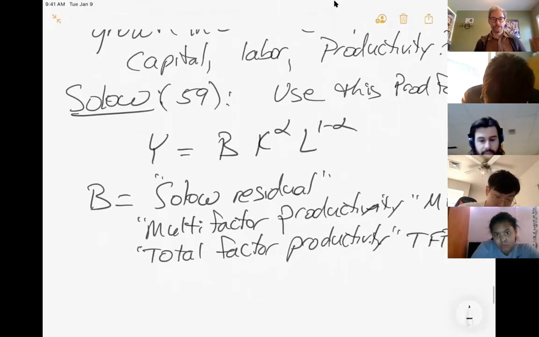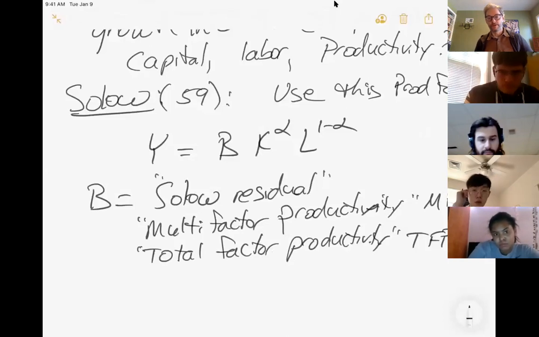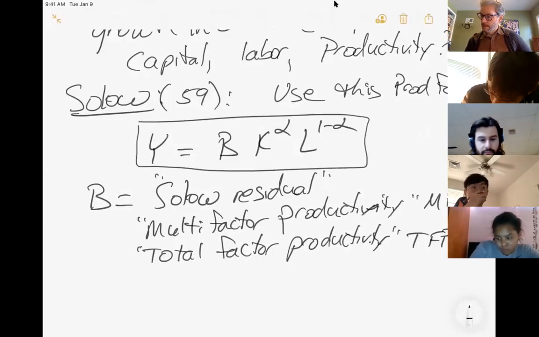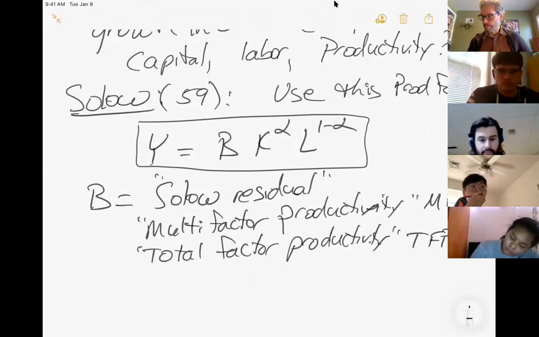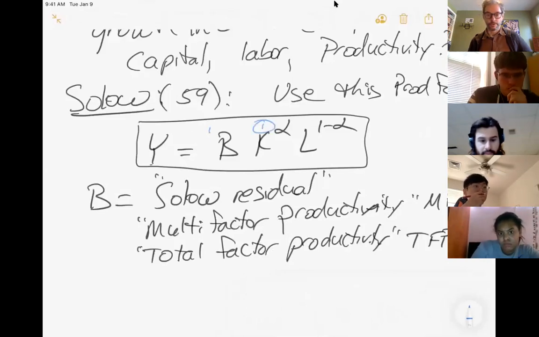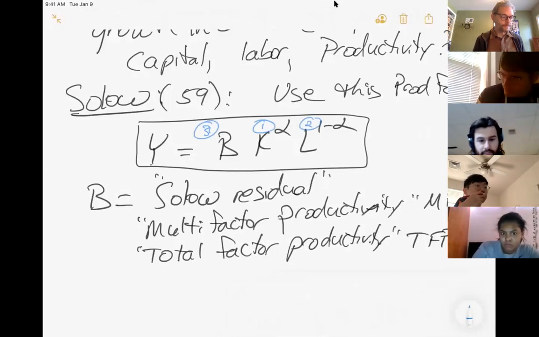So in the literature, in papers that you read, you might come across this term Solow residual, or multi-factor productivity, or total factor productivity. They're really all referring to the same thing. That in this Solow production function, there's really three ways that you can increase output. You can increase output through increasing capital, you can increase output through increasing labor, or you can increase productivity, right? Multi-factor productivity.